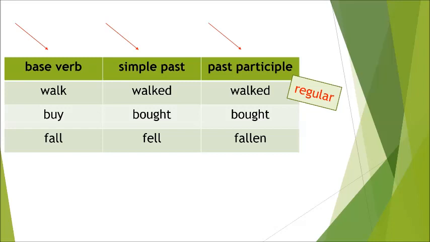Another verb, buy. Past form, bought. Past participle form, bought. Next, fall. Past form, fell, and past participle form, fallen. These 2 verbs are irregular verbs.